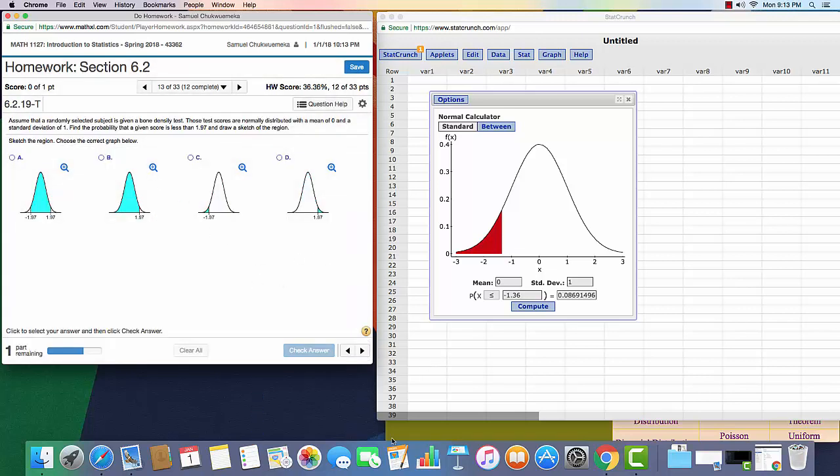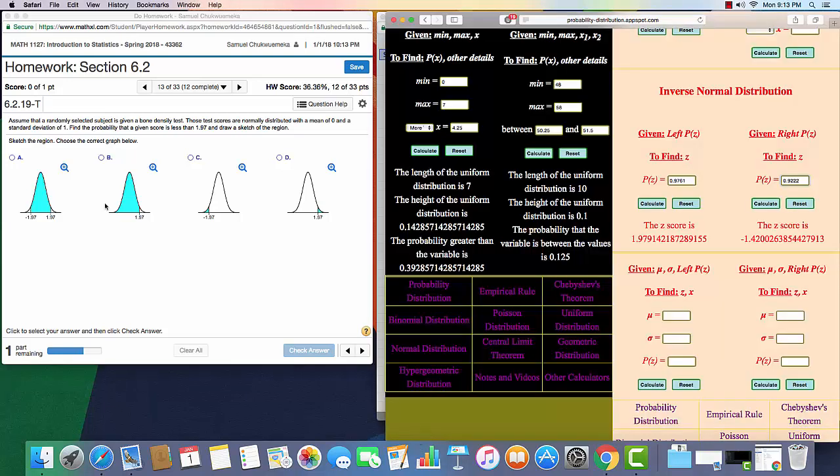Question 13, my turn. Find the probability that a given score is less than 1.97. So less than 1.97 is this here.